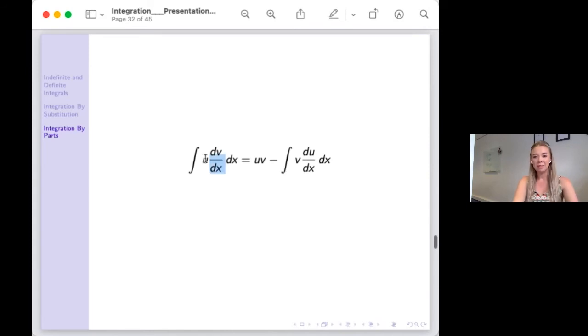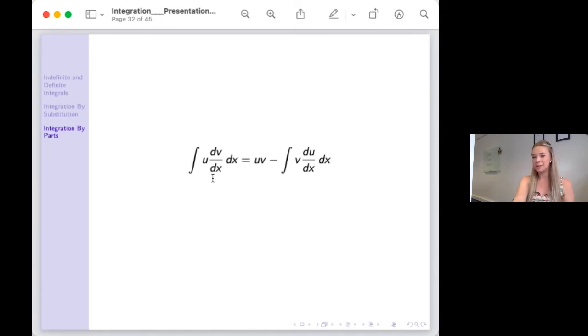So if we have some integral that we want to calculate, and it's in two parts, we can call one part u, and we can call the other part dv by dx. And then we can use this nice formula to integrate it this way.